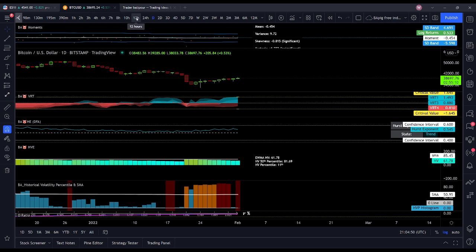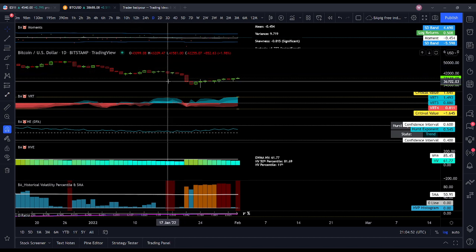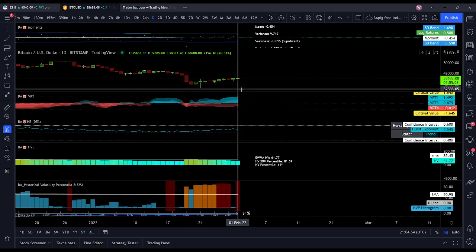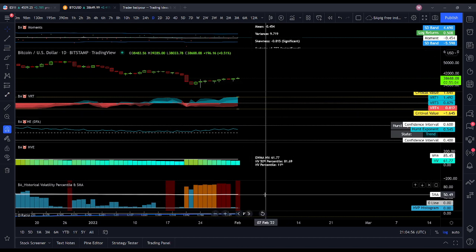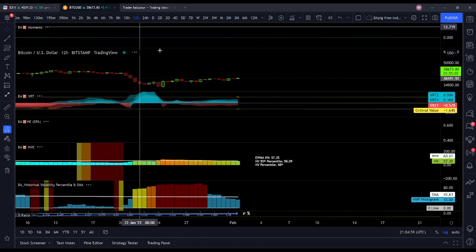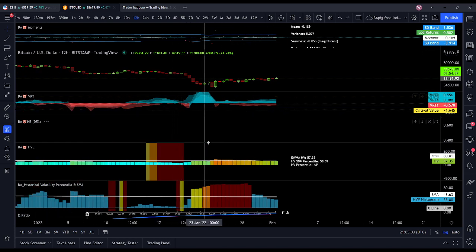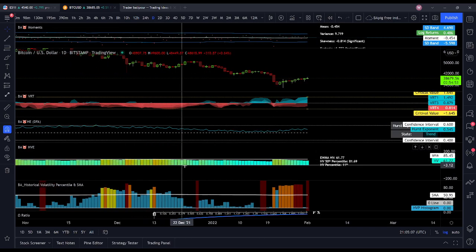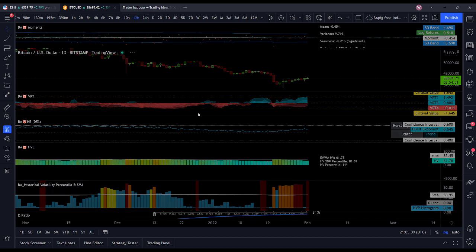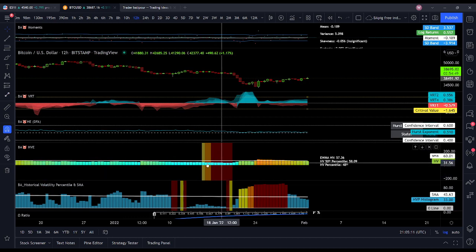So using that analogy, if you're thinking, wow, there's not a lot happening in Bitcoin volatility right now, then go down to a 12 hour and see what's happening with the volatility, and whether you're going to see that expansion occur. On the daily, we didn't see a volatility flash or anything like that. But on a 12 hour, we saw the volatility flash right here saying, wake the fuck up.